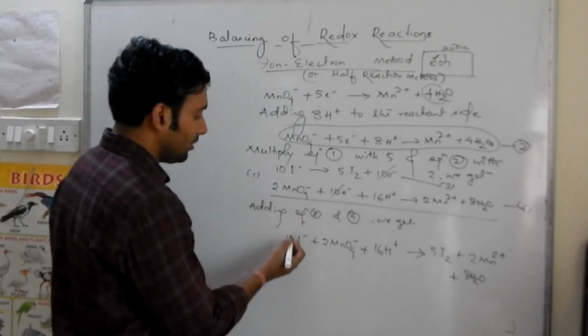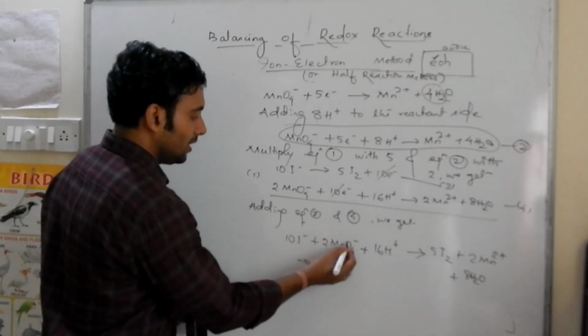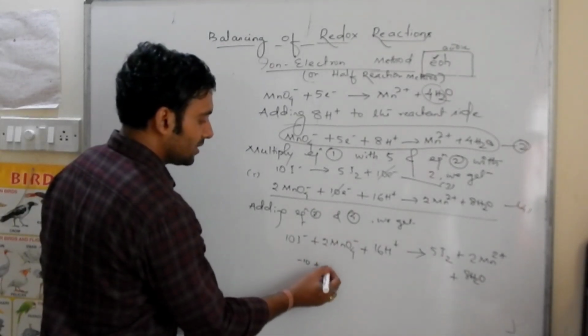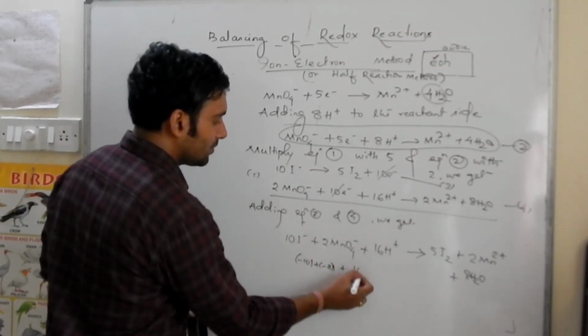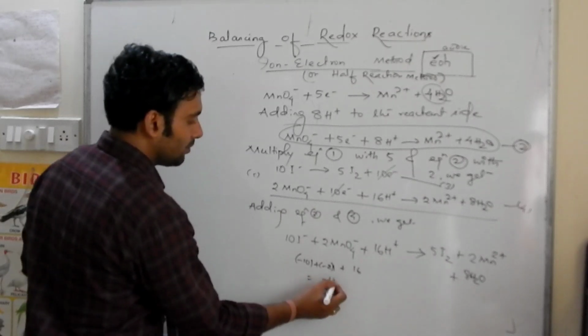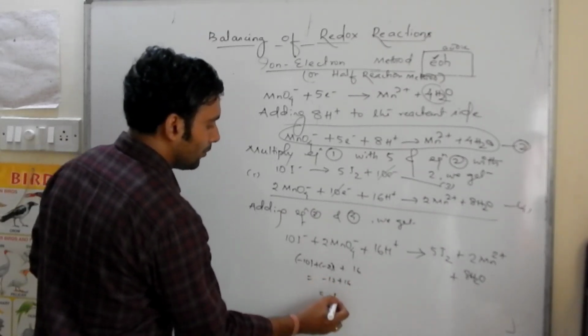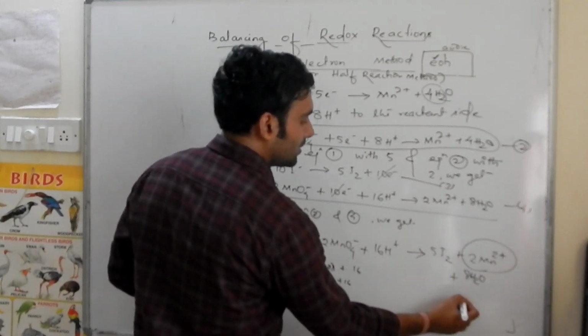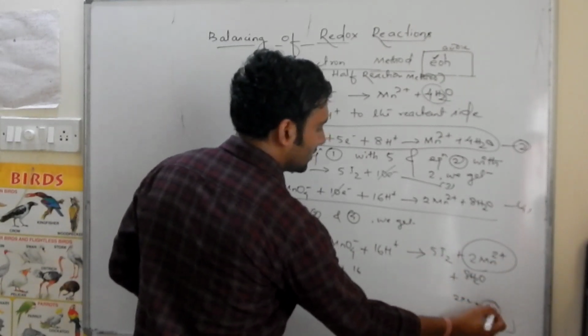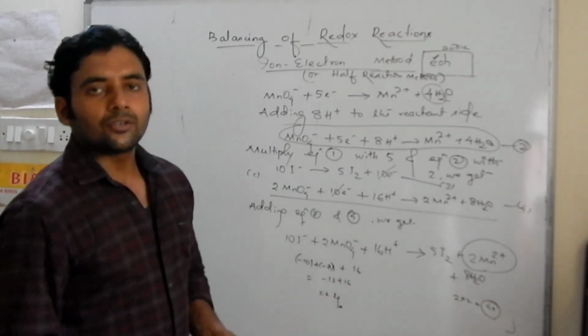Here 10 negative charge and 2 negative charge from permanganate, so minus 10 plus minus 2, and 16 positive charge. So minus 12 plus 16 gives 4 positive charges. On the product side, 2Mn2+ means 4 positive charges. So on both sides the charge is also balanced.